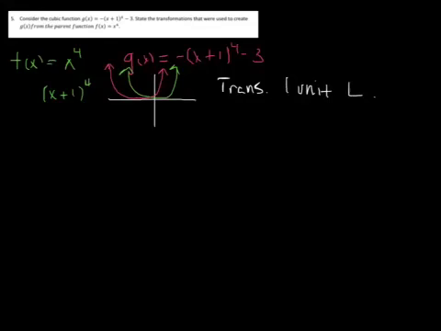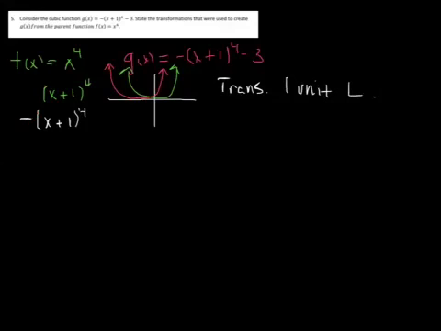Okay? Then what happened? Then notice that instead of just being x plus 1 to the fourth, we have a negative out front. So we would multiply by a negative. And what does this have the effect of doing? Well, consider that everything to the fourth power is going to be positive. And what happens when you multiply any positive number by a negative?